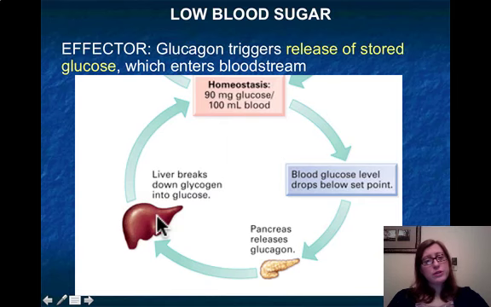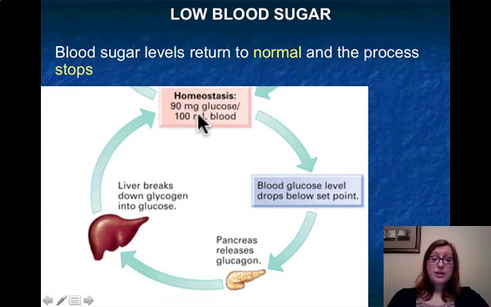Remember, when we store glucose as animal cells, we store it in the form of glycogen. So that glucagon hormone will help break the glycogen down into glucose and allow it to enter back into the bloodstream, thus causing a rise in your blood sugar levels so that they return back to normal. And then the process is going to stop. So it's negative feedback. We are keeping control to return to a stable environment.